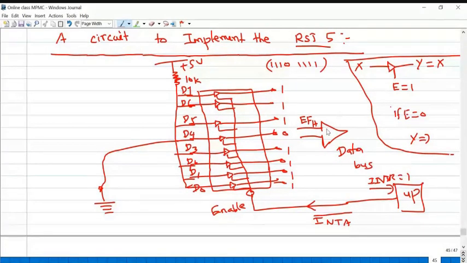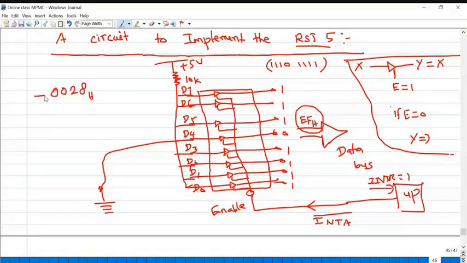During machine cycle 1, the processor will read this EF data. Then it interprets that the operation corresponds to RST5. RST5 means the processor needs to transfer the program control to location 0028H.